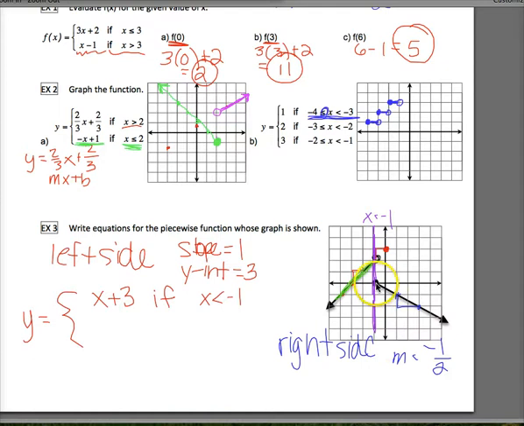If I were going just 1 point, I'd be going down 1/2, right 1, down 1/2, right 1. So right here, that's going to tell you what the y-intercept is. That has to be exactly at -1/2. And that's not a guess. That's you using the slope and knowing that that's the point where it comes out.